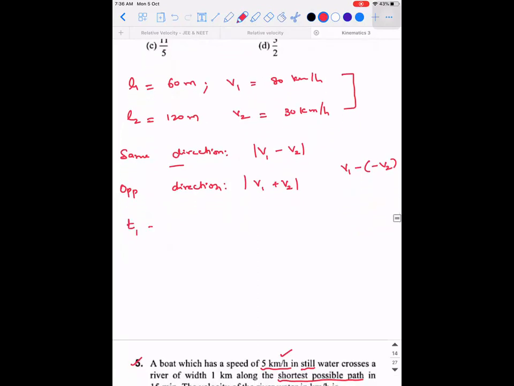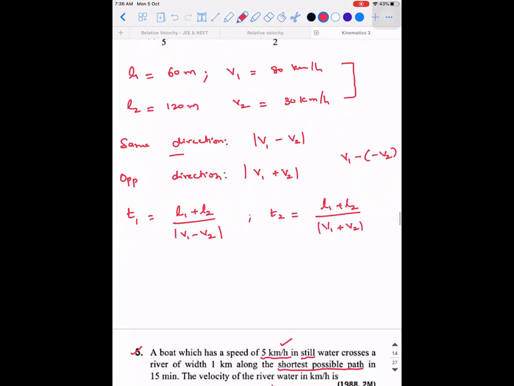So what will be the time taken in the first case? Time taken will be equal to distance by speed. The distance is L1 plus L2, divided by the speed, modulus of V1 minus V2. Time taken in the second case is the same distance L1 plus L2, divided by V1 plus V2.